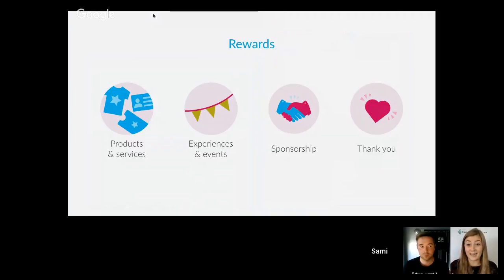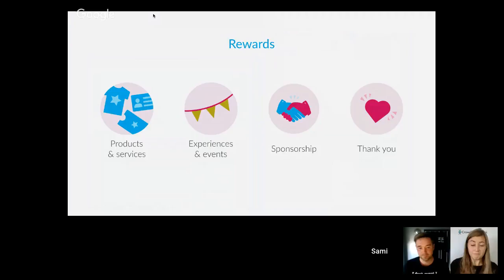And so if you are going to have rewards, you really want to think carefully about what you're offering and make sure it's really appealing to the people in your network and in your crowd, and that it's great quality and great value for money. So we've got 4 main types of rewards, but honestly, the limit is your imagination.